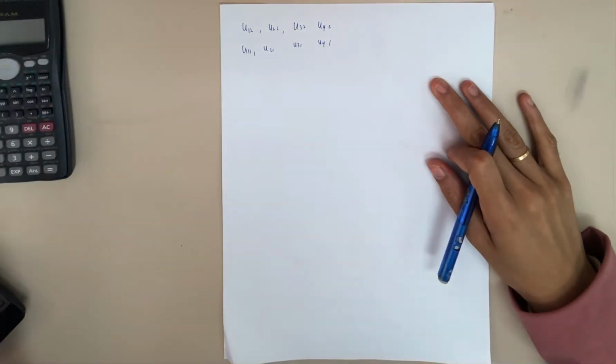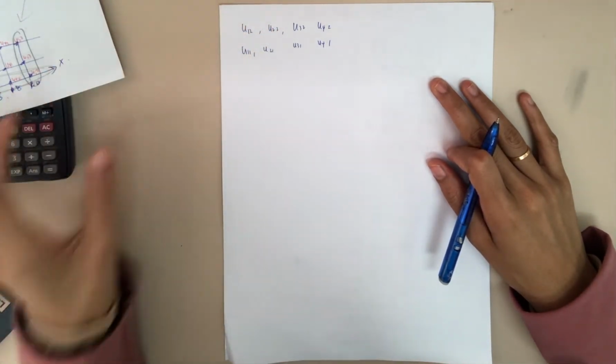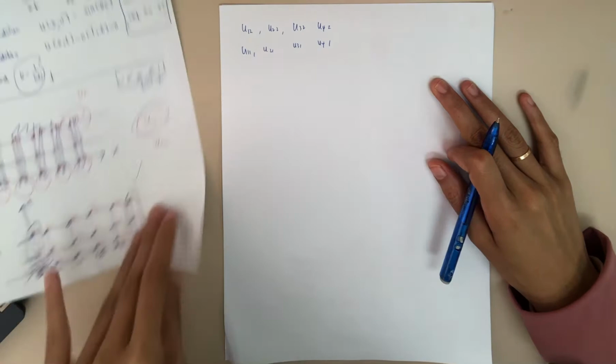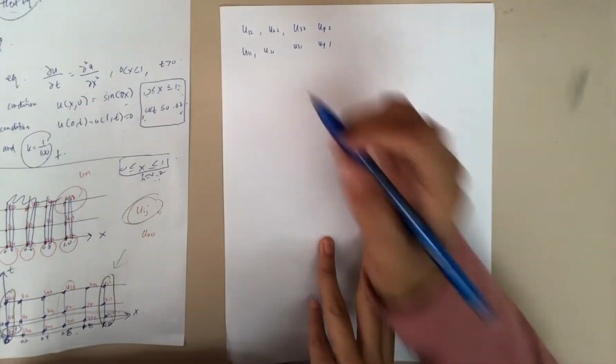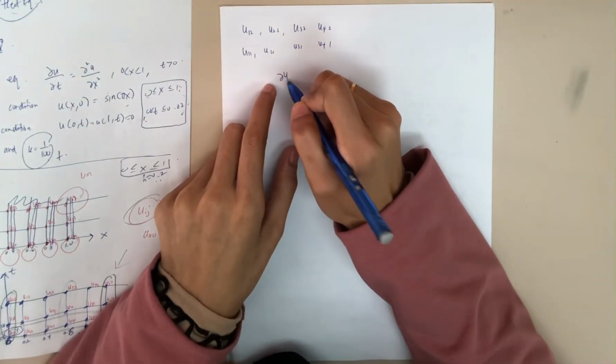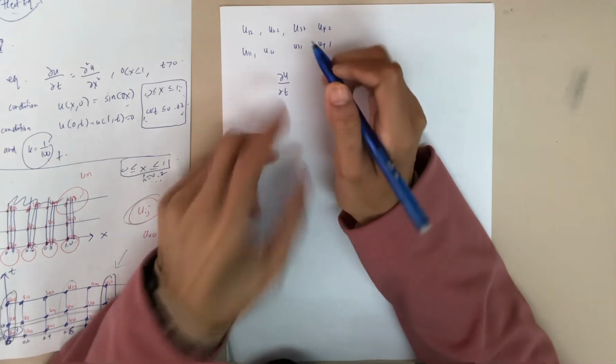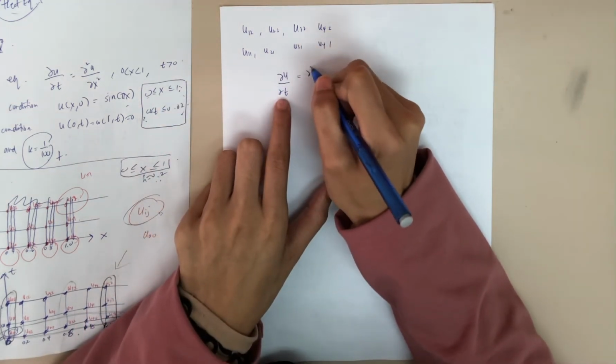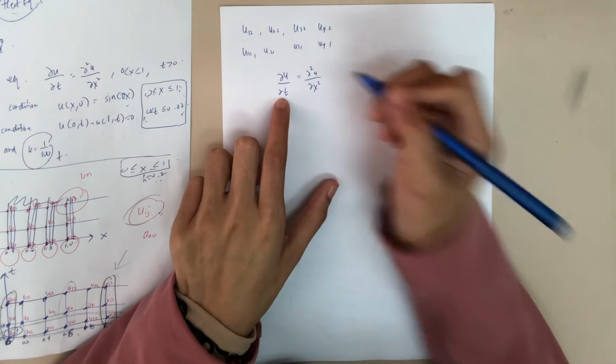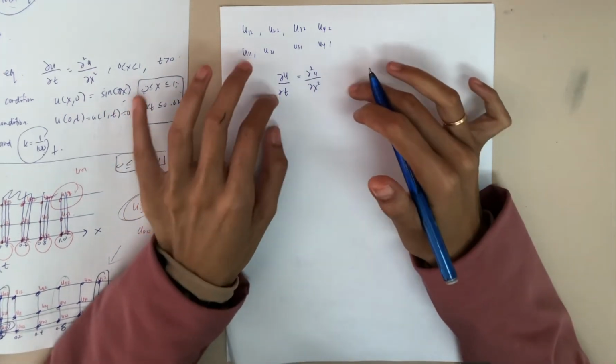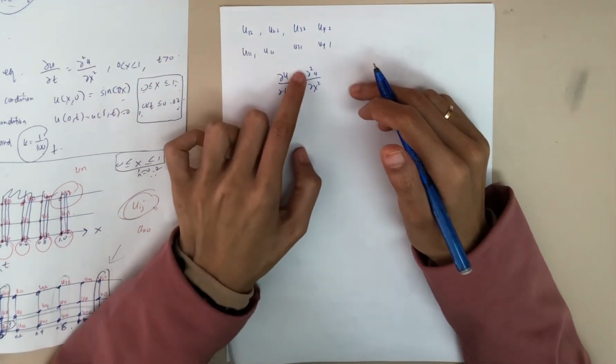Okay, so before we find all these points, what we need to do now is create your equation, the finite difference, by referring to the equation that we get here. So du dt, d square u dx square.